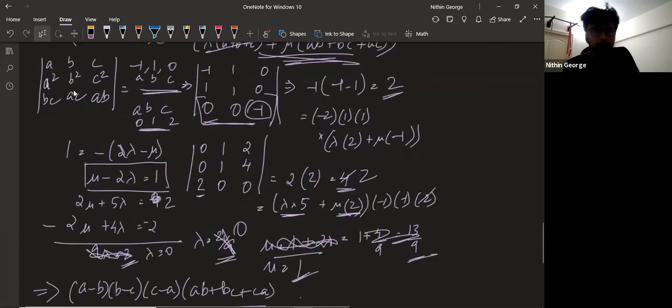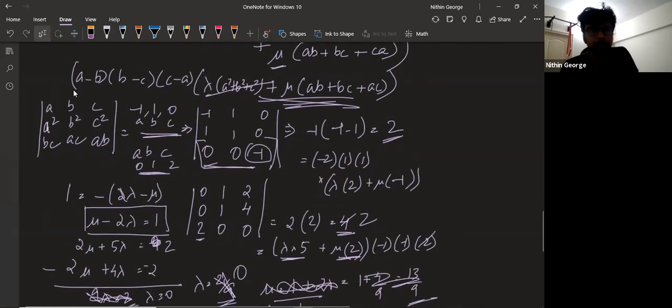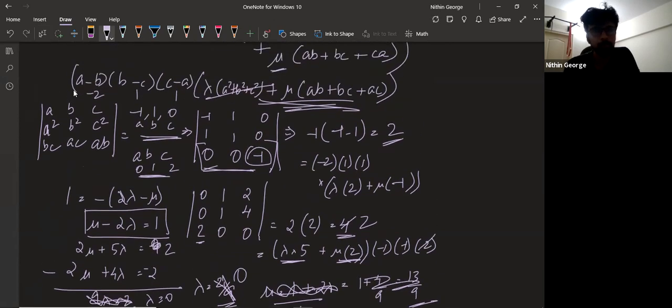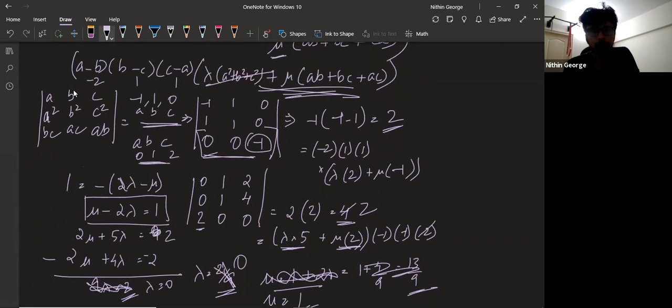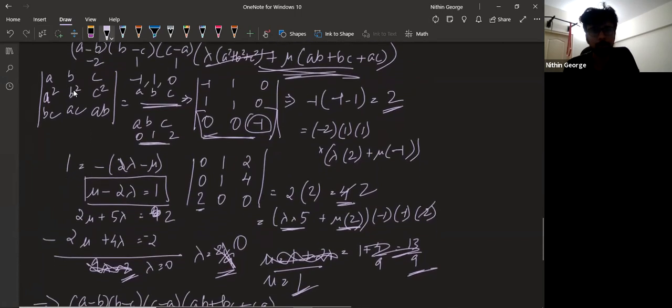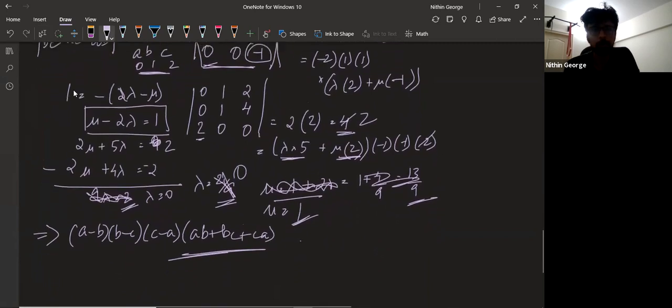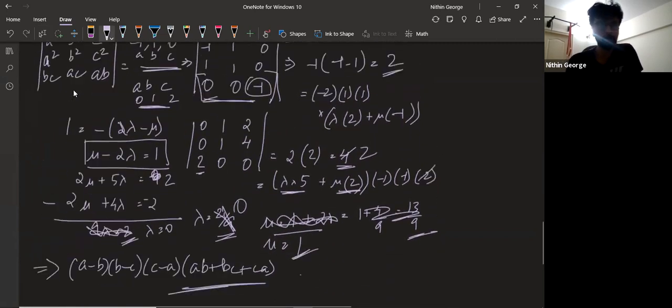For the other part, you put minus 1, A minus B, B minus C, C minus A. So this will be multiplied by minus 2. Okay, we'll have to do some calculations once again.